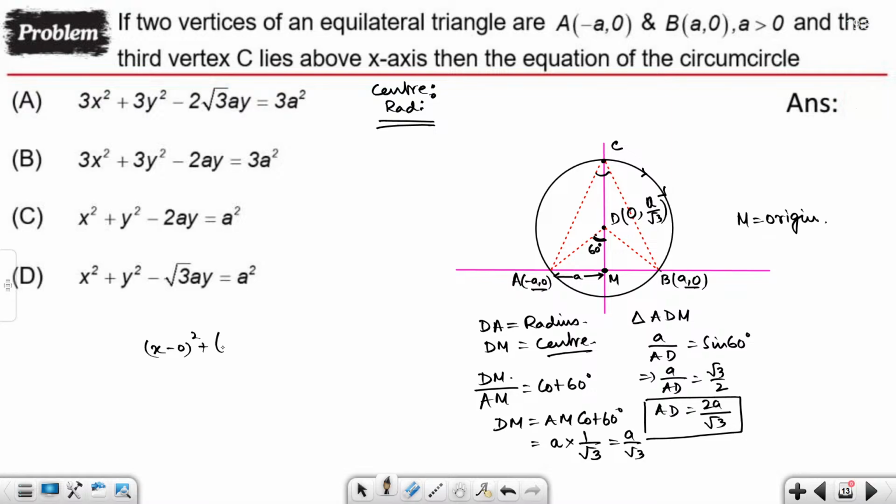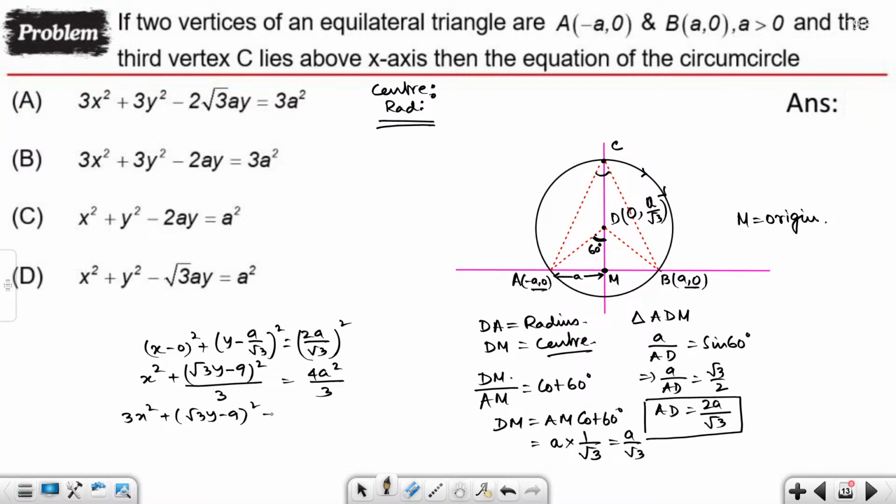Center radius form. Open the brackets. So we are having 3x squared plus root 3y minus 9 whole square is equals to 4a squared.